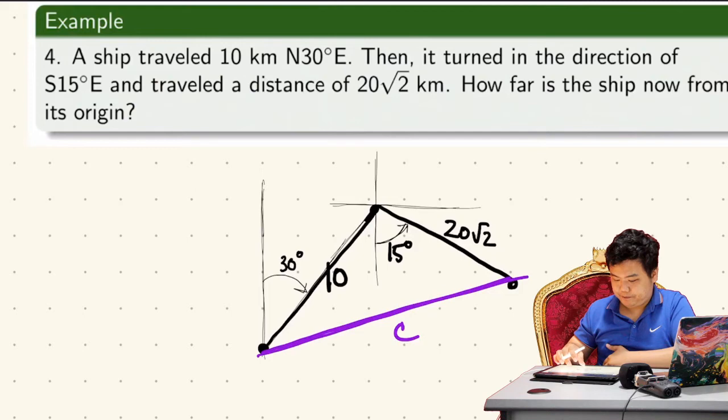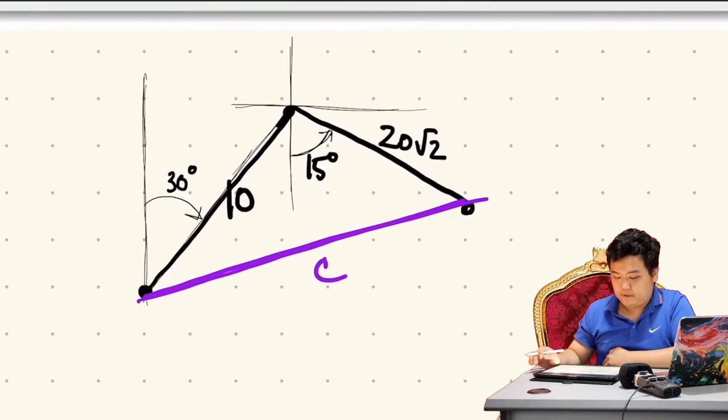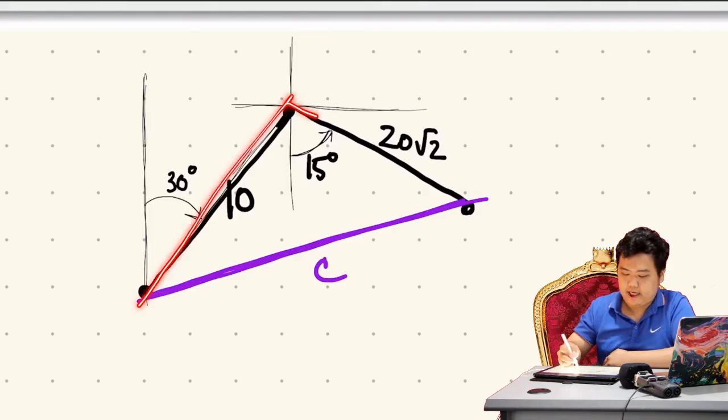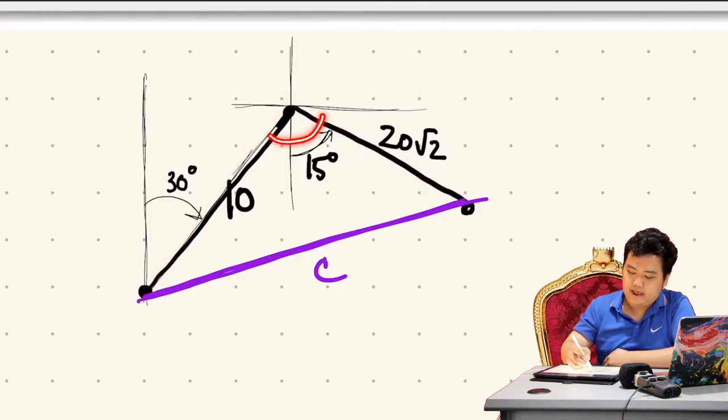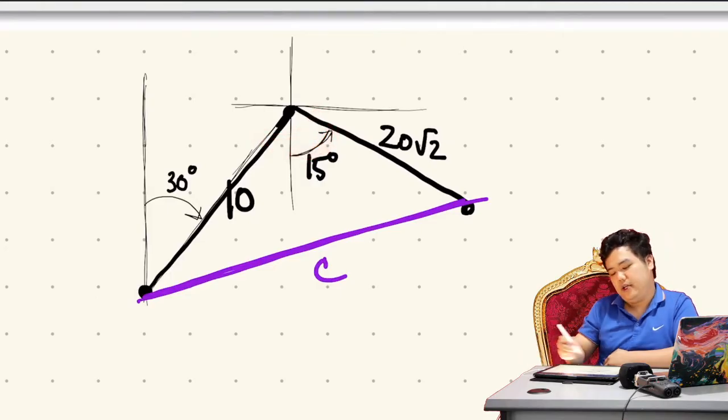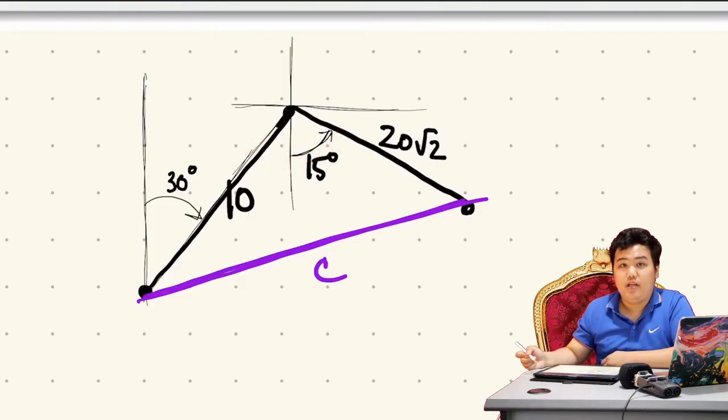Okay, malinaw ba yan? So, parang gusto kong gumamit ng law of cosines kasi meron kang side. So, ang problema na lang natin is this angle. Kaso, ang binigay niya lang ay portion lang. So, pag nahanap natin yung measure nito, mahanap natin yung measure nung buo. And then, we can apply law of cosine.